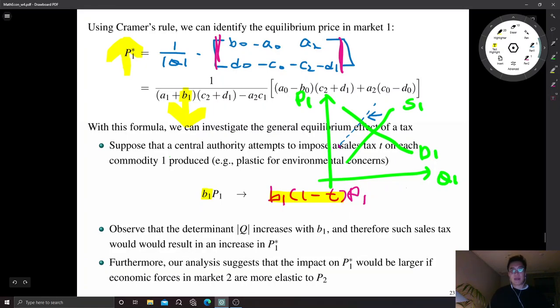So we have two equilibria here. We can see the equilibrium will change from this point to this point. So the market price will increase. So the price of good one increases, but the quantity demanded and supplied will decrease in this market. Okay.